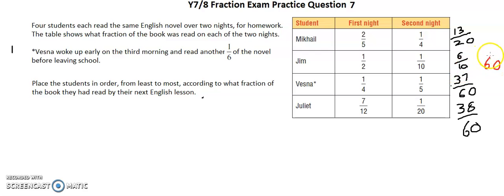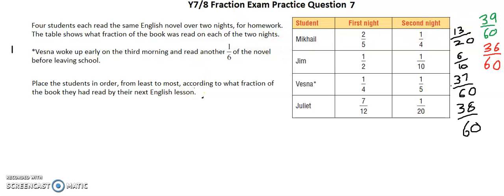I times it by 6, which means I also am timesing my numerator by 6. So 6 times 6 is 36. Likewise with Mikhail, I want to be out of 60, so I'm timesing 20 by 3 to get to 60. So that means I'm timesing my numerator by 3 as well. So that will be 13 times 3 is 39.